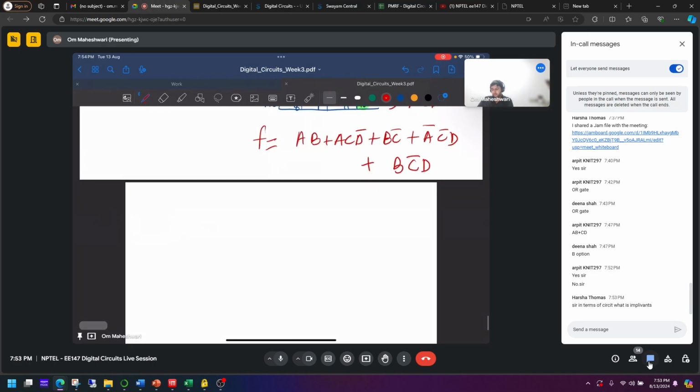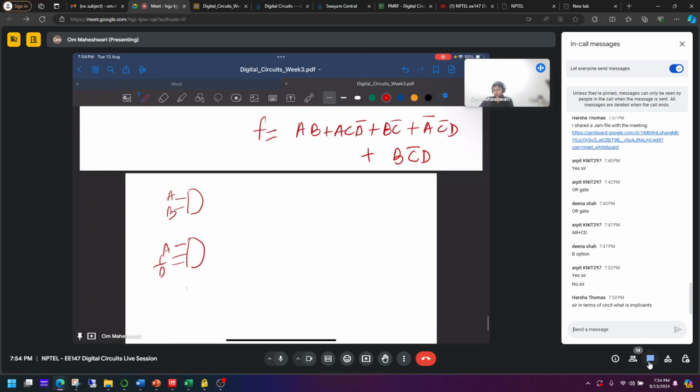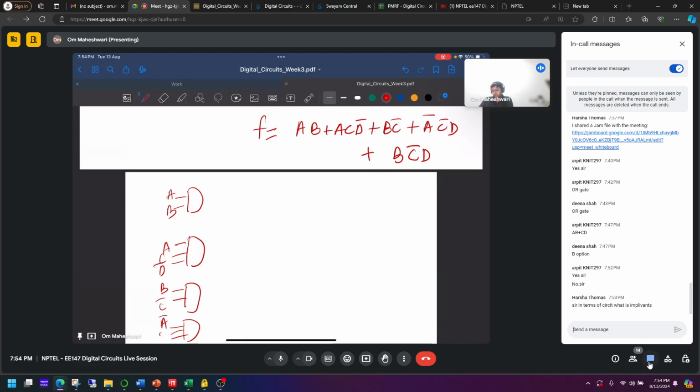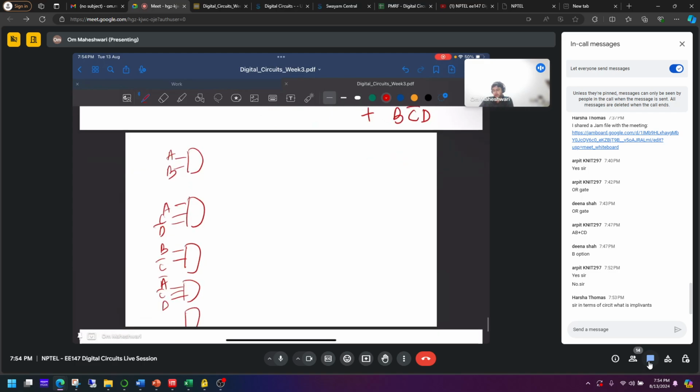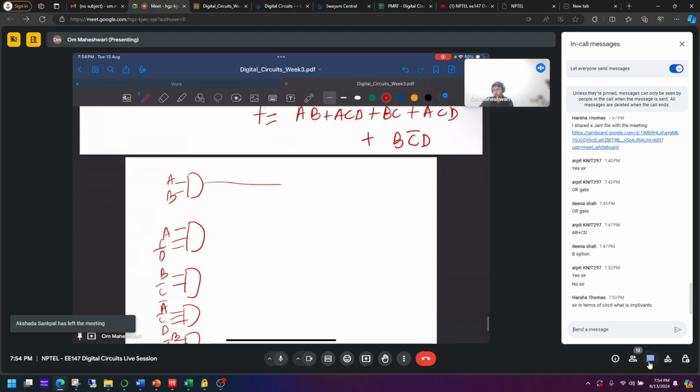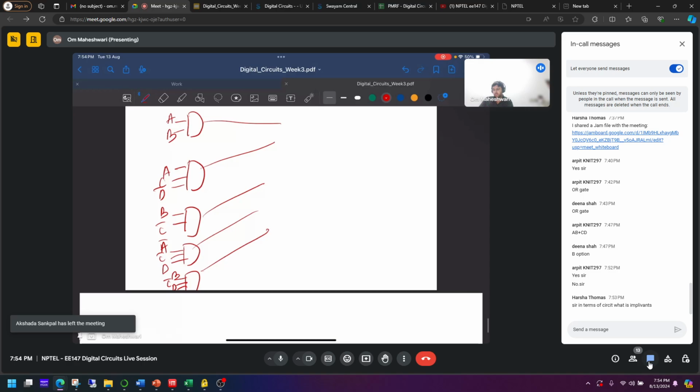So what will happen is you need one AND gate for AB, one for A C D bar, one for B C bar, one for A bar C bar D. Then you add another, if you consider it, B C bar D. Now you just send all these outputs to an OR gate.